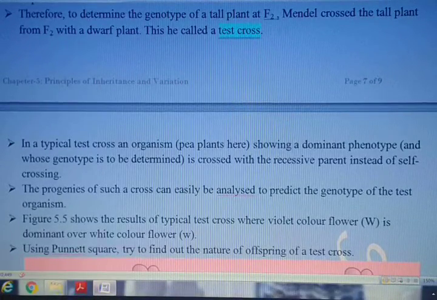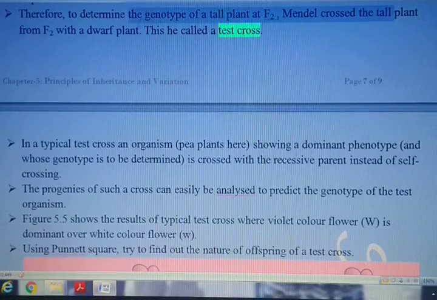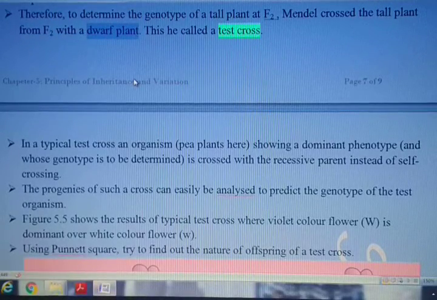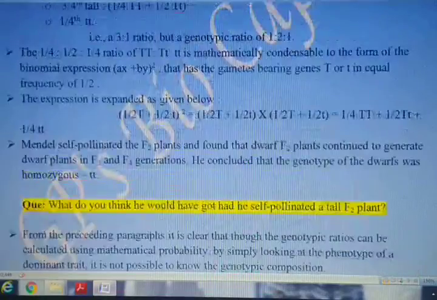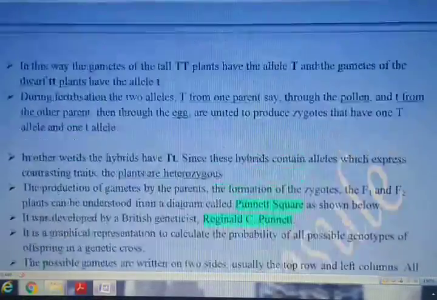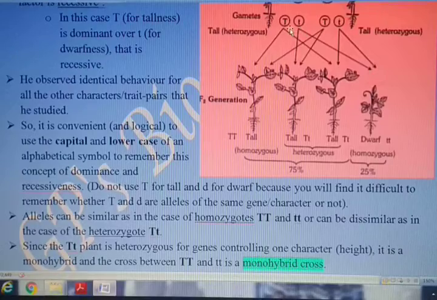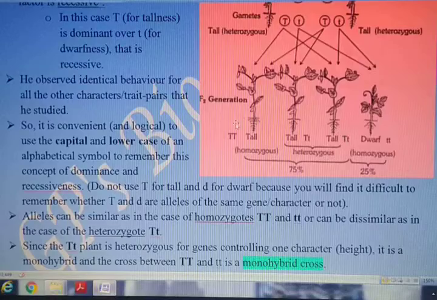If you consider what I said just now, he crossed the tall plant of F2 with the dwarf plant. Dwarf plant means we are talking about the parent here. If you just note down, this is F1: one capital and one small letter. Whereas in F2, the plants received in the F2 generation, 3 of them are tall.